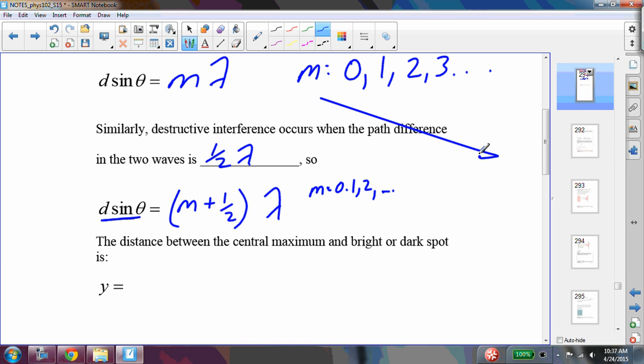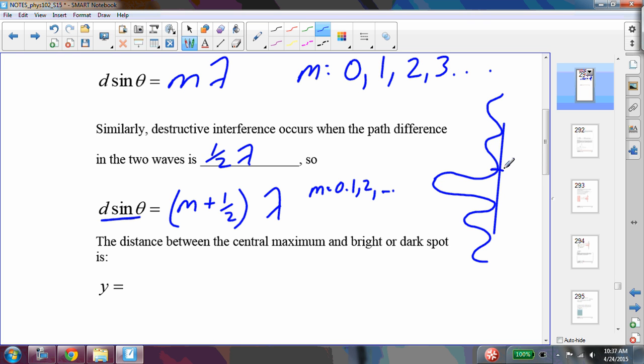So if I look at my diffraction pattern, it'll look like this. I have my bright spot here, dark spot, bright spot, dark spot, and it's symmetrical. So here, this is going to be where my path length difference is equal to 0 wavelengths. That would be m equals 0.